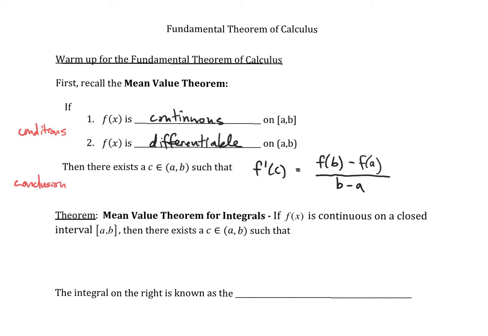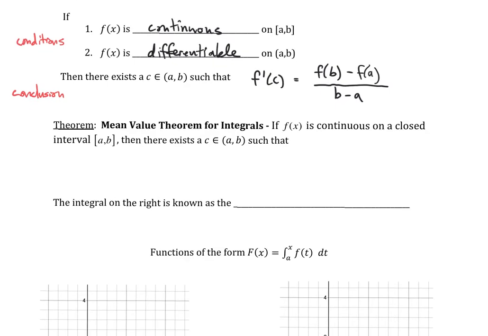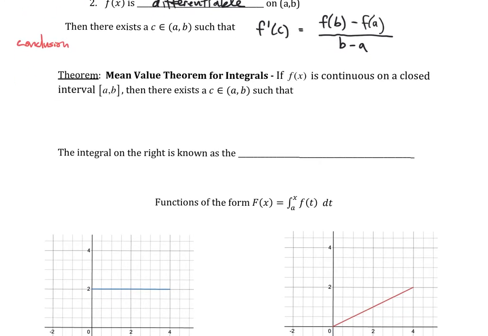In other words, this thing on the right-hand side looks like a slope. This is the slope of the secant line. And this theorem basically says there's some point inside the interval that has the same slope as the slope of the secant line. So what we really need to do is take this idea and modify it slightly to create a mean value theorem for integrals.